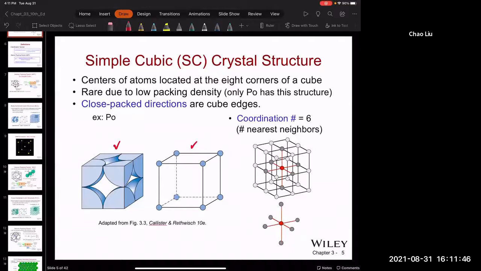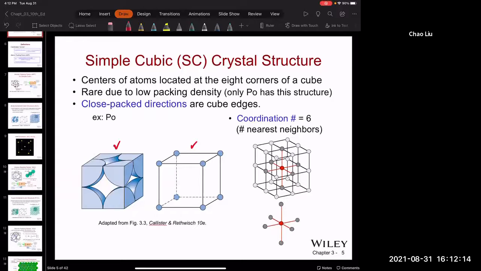Because the number of atoms in that volume represents how much mass is going to be in that unit cell. So you can get the volume by looking at this unit cell, and you can look at how much space is occupied by the atom to calculate how much mass there is inside of this unit cell. Then we can calculate the density.